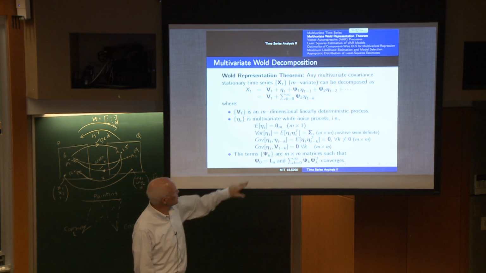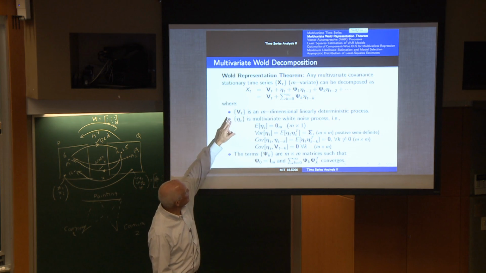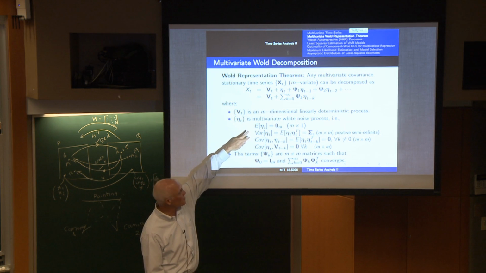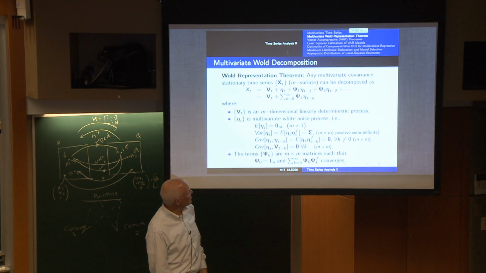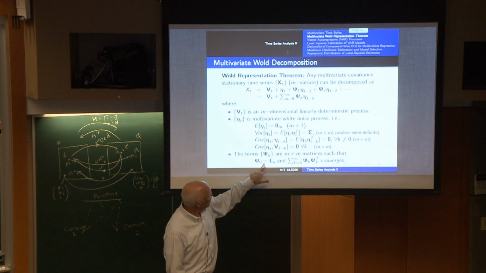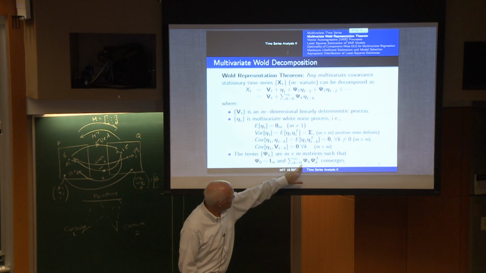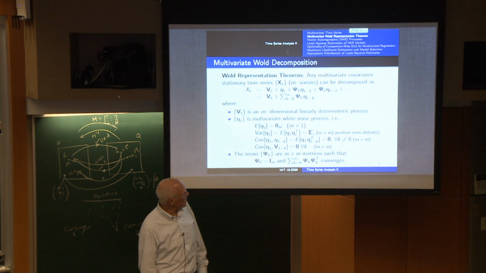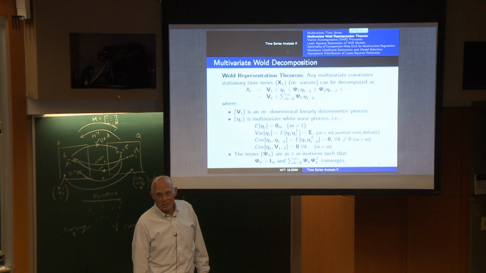Now, the terms psi_k: basically we have this m vector x_t equal to some m-vector process v_t plus this weighted average of innovations. What's required is that the sum of each term psi_k times its transpose converges.